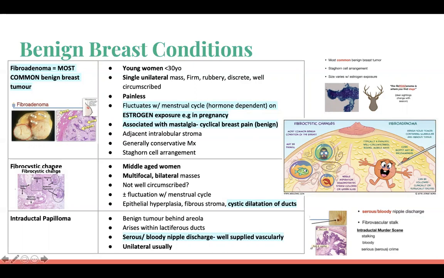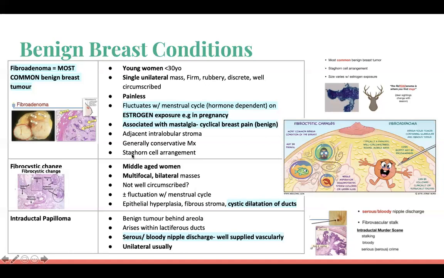It presents as a single unilateral, firm, rubbery, well-circumscribed mass and tends to be painless. Compared to fibrocystic change, which tends to be more multifocal, can be bilateral, and is not as well circumscribed. On appearance you can see cystic dilation of ducts, versus fibroadenoma, where you see a well circumscribed mass.